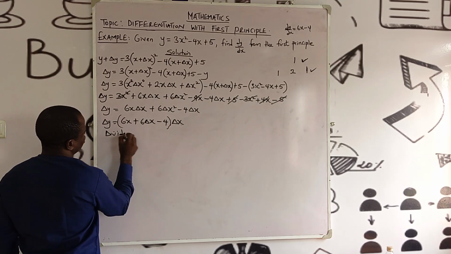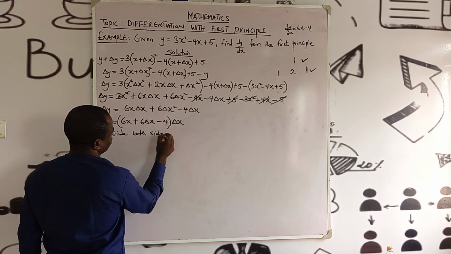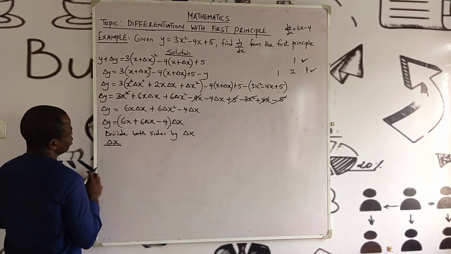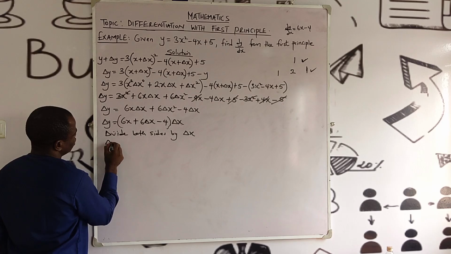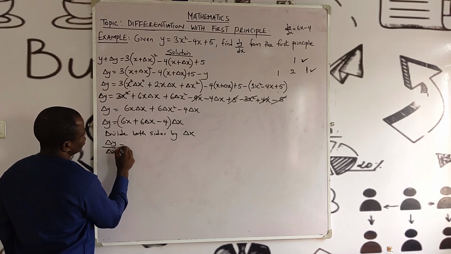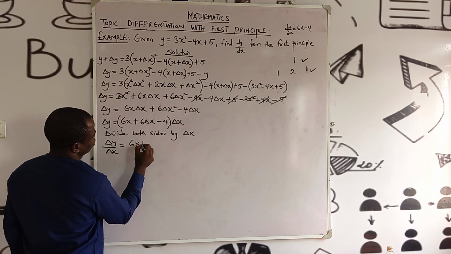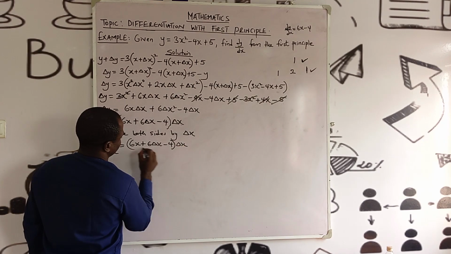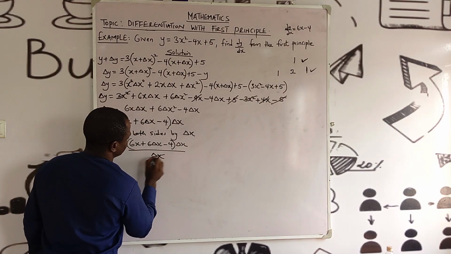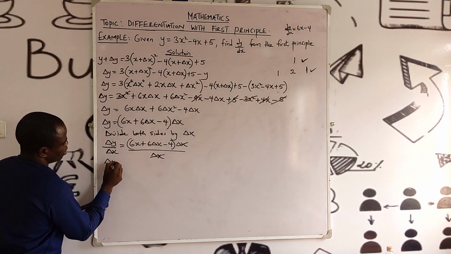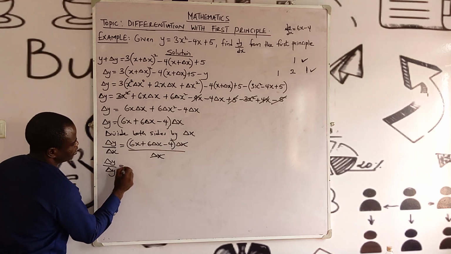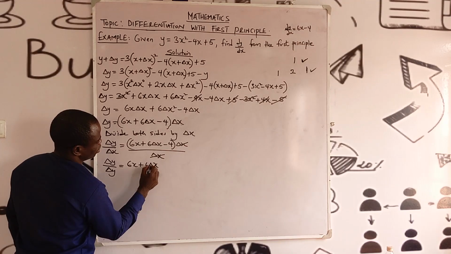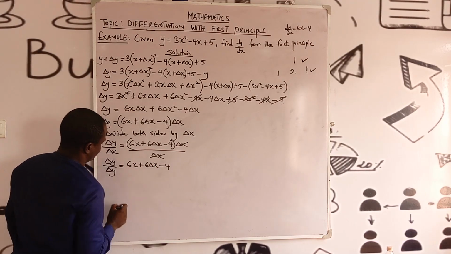Divide both sides by dx. Now delta y over dx equals 6x plus 3 dx minus 4, dx divided by dx cancels dx, having delta y over dx equals 6x plus 3 dx minus 4.